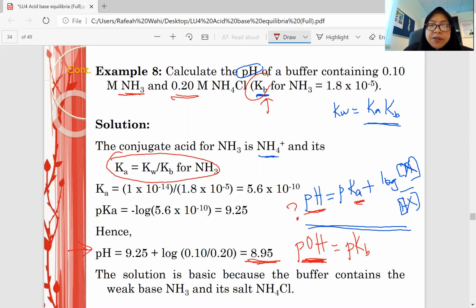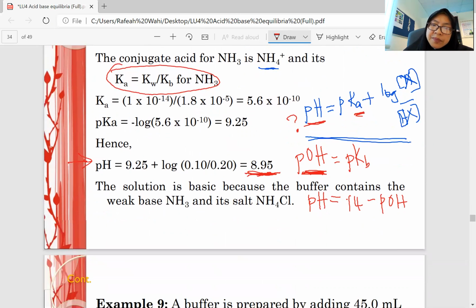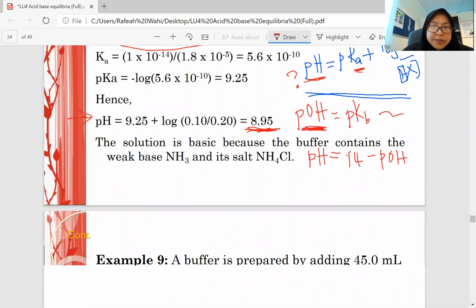So remember, if you get a value for pOH, you must use the formula pH equals 14 minus pOH. Only then can you find the pH. You will get the same answer, which is 8.95. So no problem.